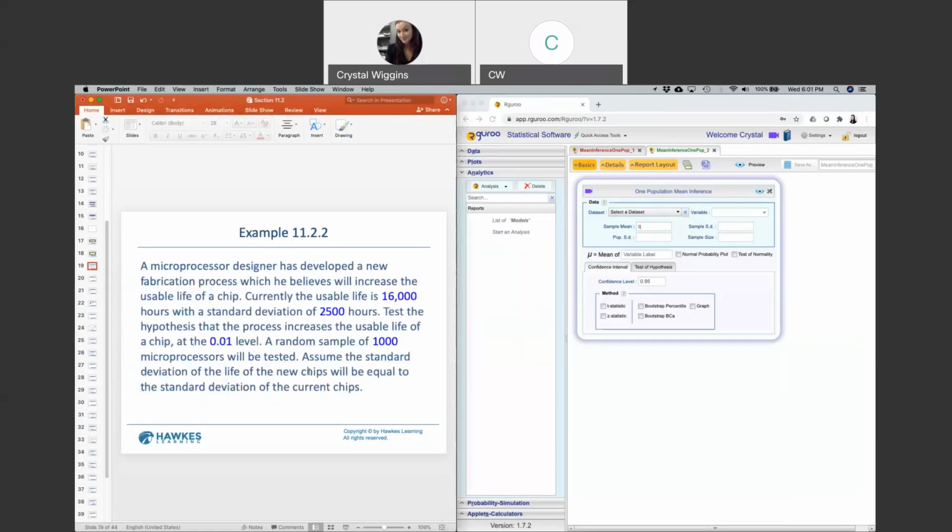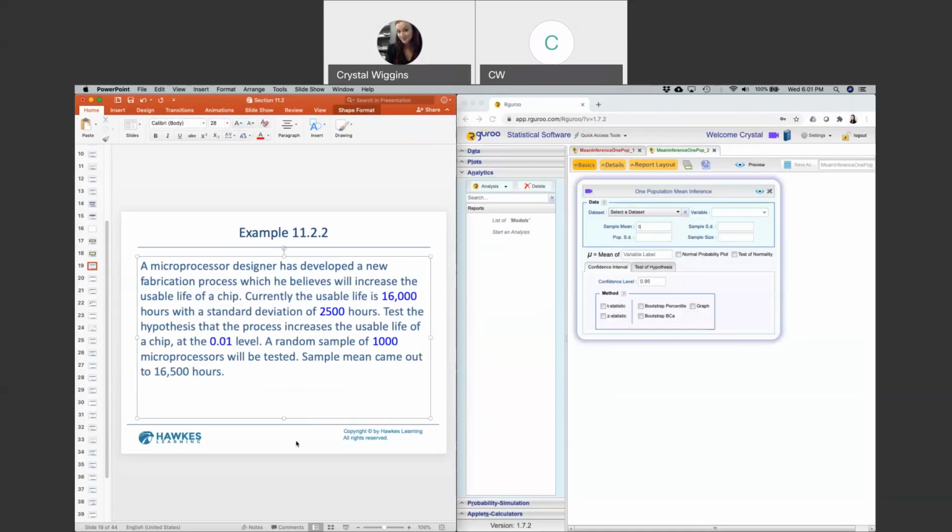Let's just throw one in there then. Let's take this out. And let's say that the sample mean came out to 16,500 hours.